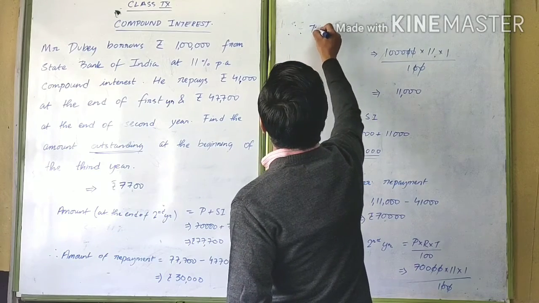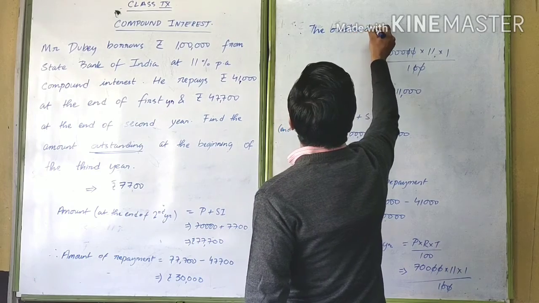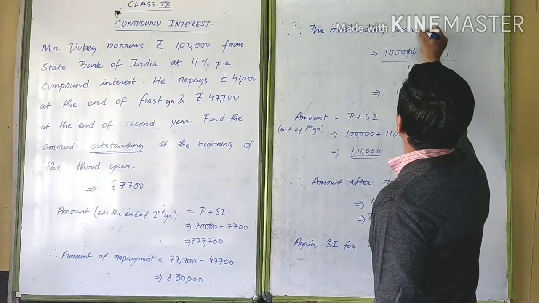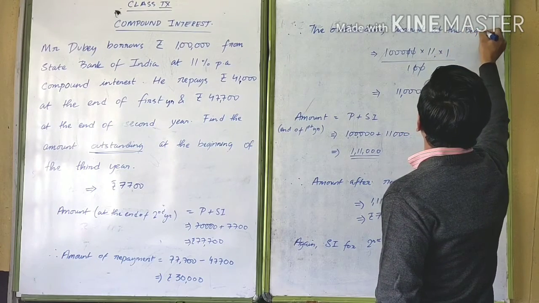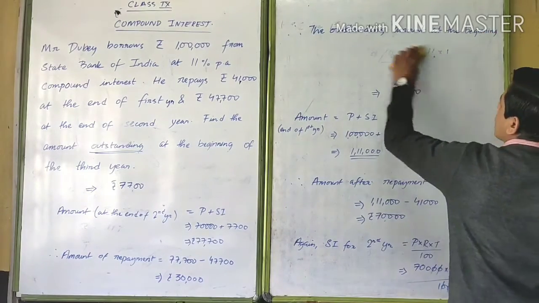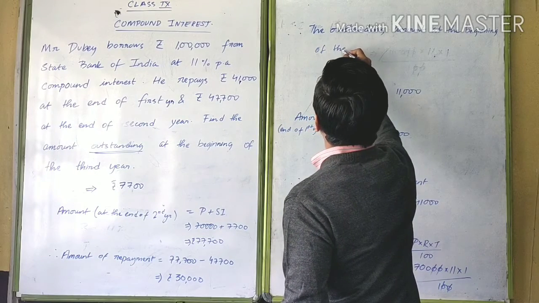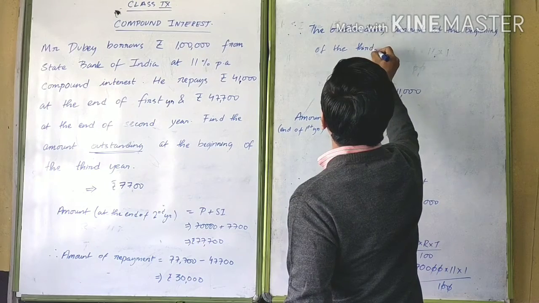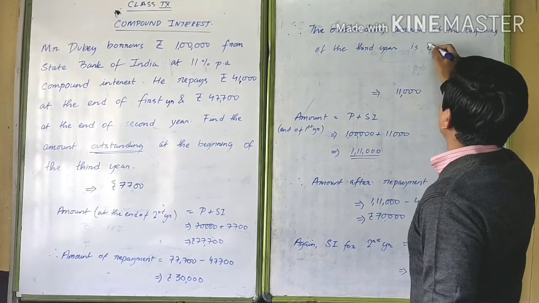Therefore, the outstanding amount at the beginning of the third year is rupees 30,000.